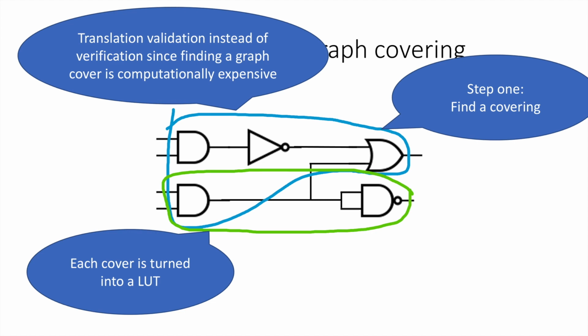because running a graph covering algorithm is computationally expensive, and translation validation allows us to run the algorithm outside our logic. It also allows us to use existing mappers. However, for this first version of Lutsig, we found it easier to build our own mapper than integrating an existing one.